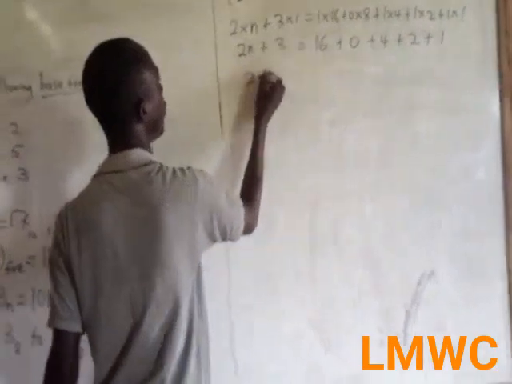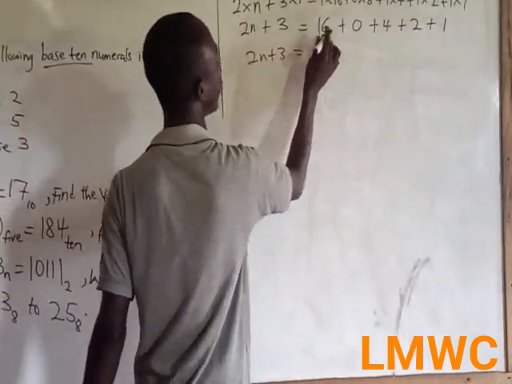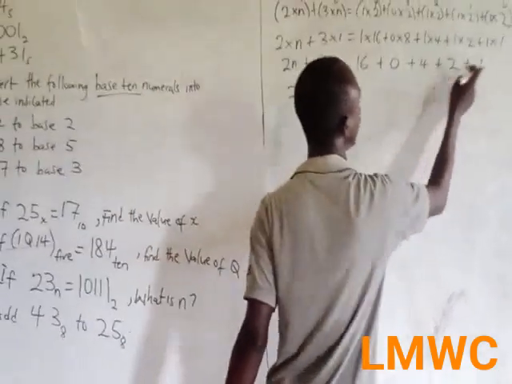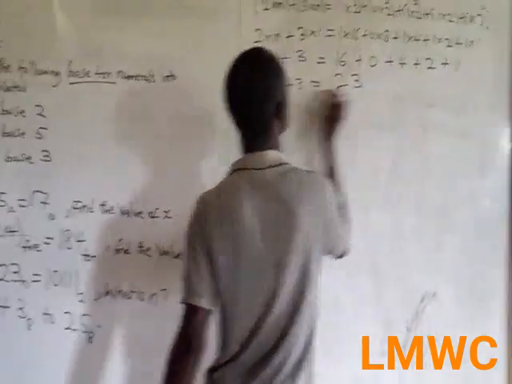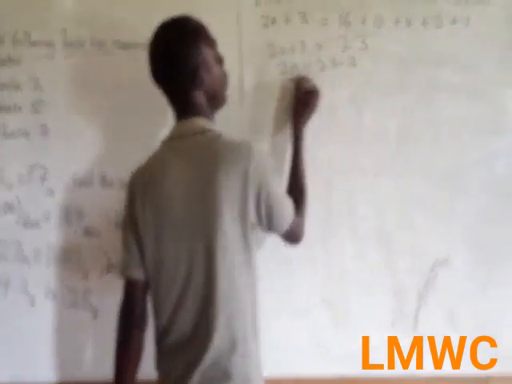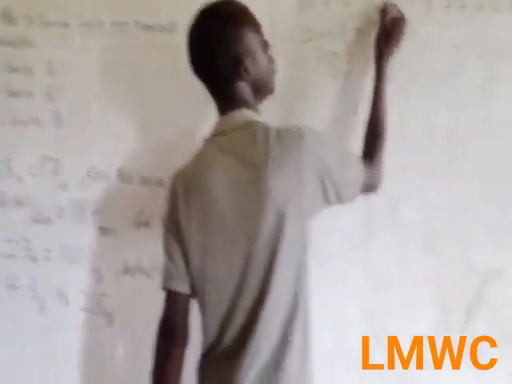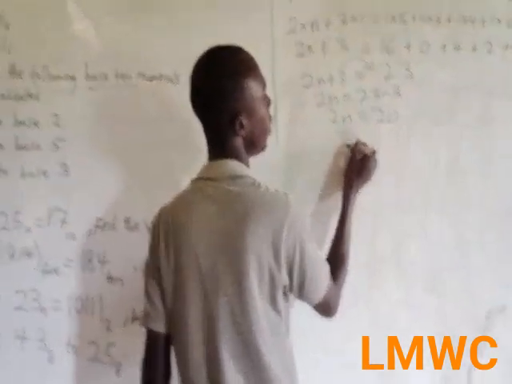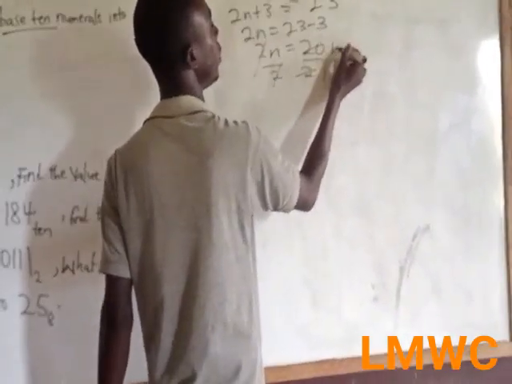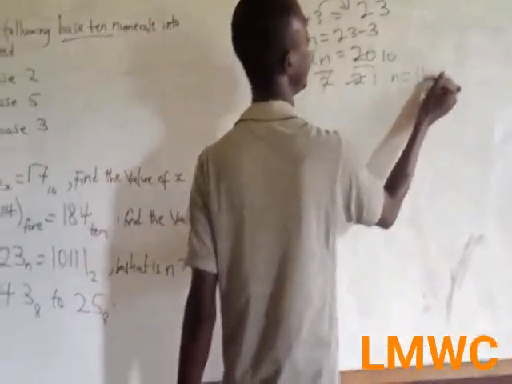So 2n plus 3 equal to 16 plus 0 is 16 plus 4, 20, 22, 23. So we have 2n is equal to 23 minus 3. So 2n is equal to 20. So we divide through by 2. So 2 goes here 1, 2 goes here 10. N is equal to 10.